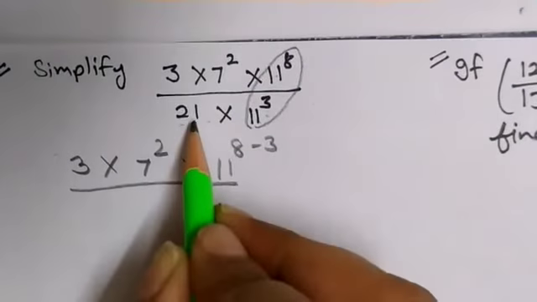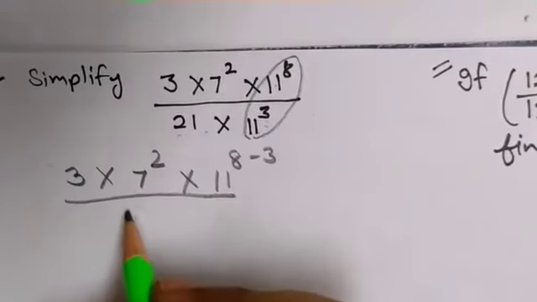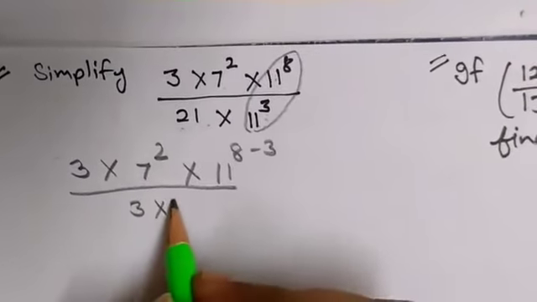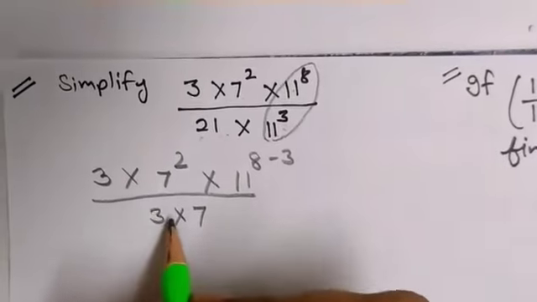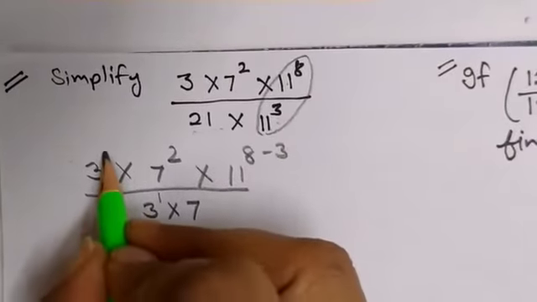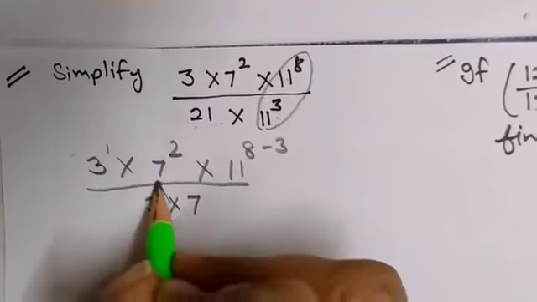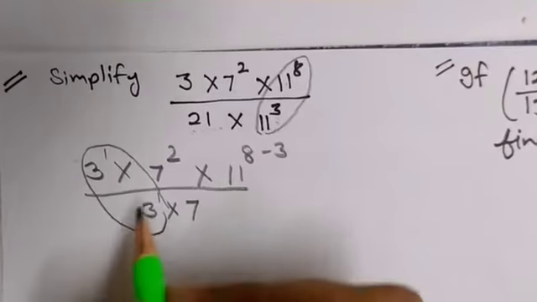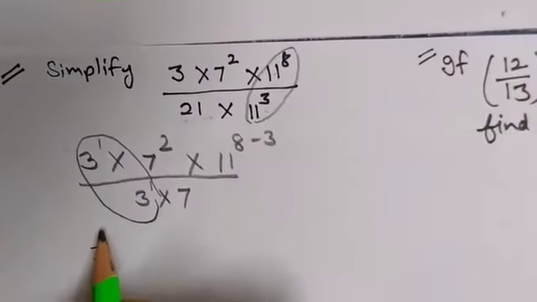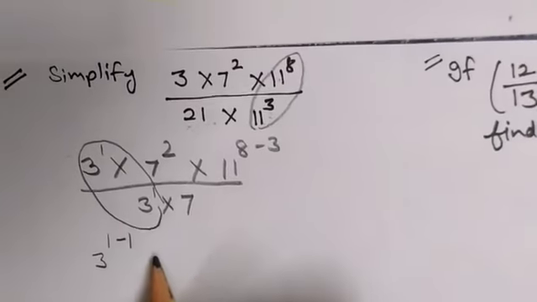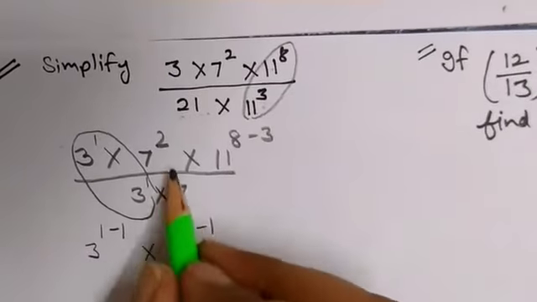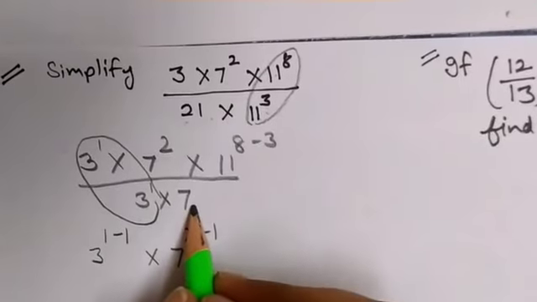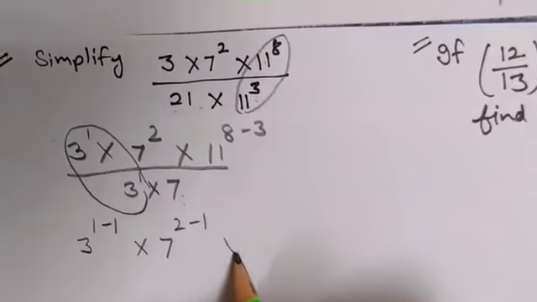And 21 we write the 3 into 7, prime factor of 21, 3 into 7. Then bases are same, then power will be subtracted because in division case. So we write 3 raised to the power 1 minus 1 multiply 7 raised to the power 2 minus 1, because power are subtracted in division case.